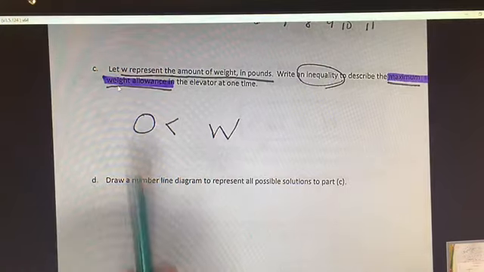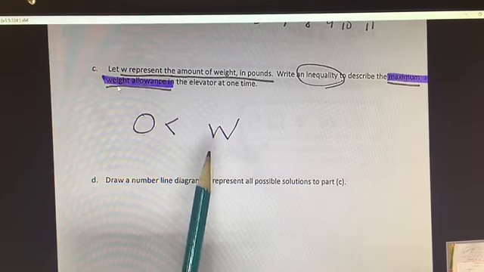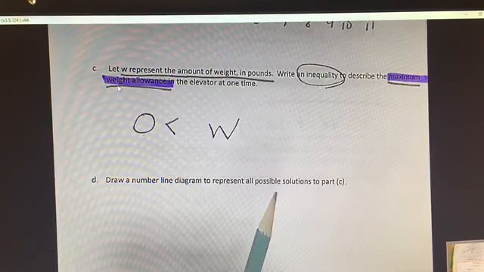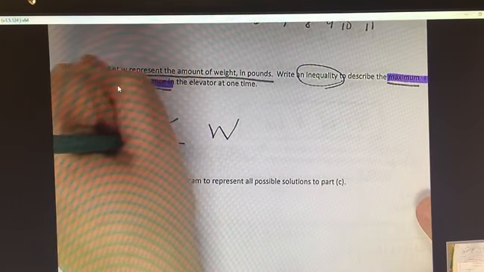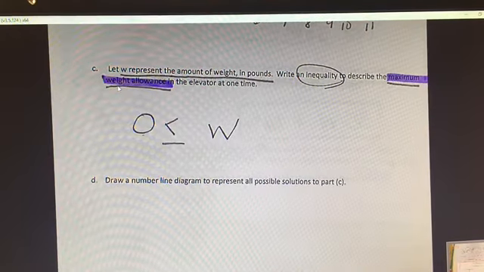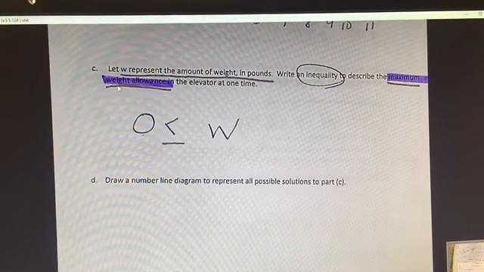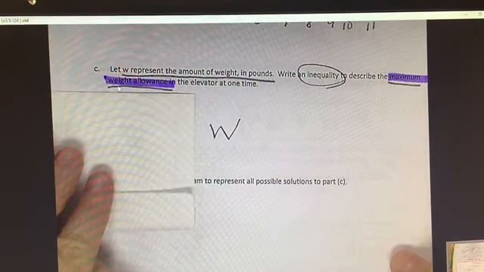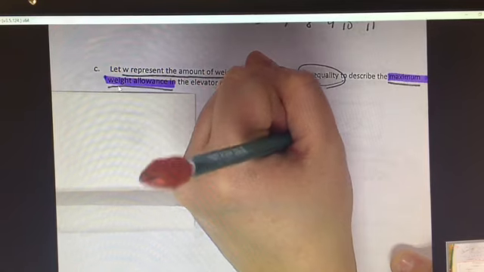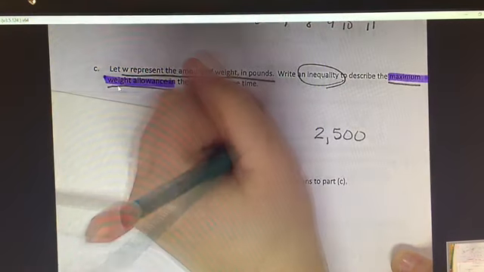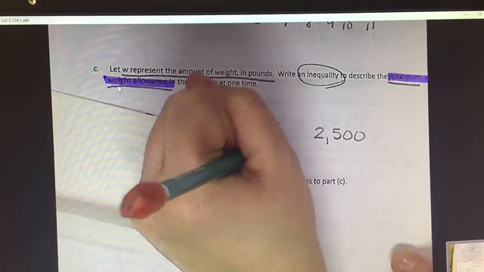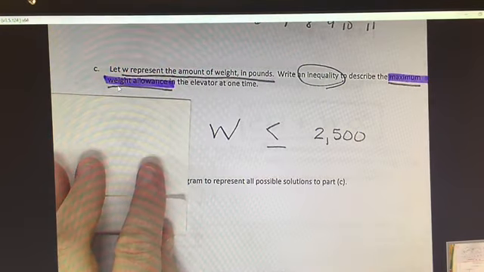Okay, so 0 is less than W because you can't have greater than 0 if you don't have any people. Okay, and it could also be equal to 0 because we don't have any people, and that would work as well. All right, and then we look over here, and the maximum is 2,500. So the weight has to be less than or equal to 2,500.